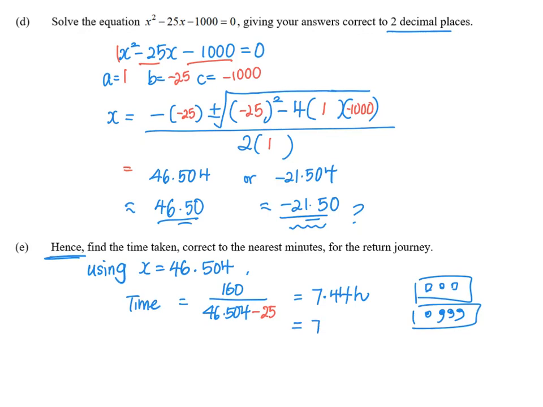So this will be 7 hours. And if you look at this portion, this is actually 0.44 hour. 1 hour has 60 minutes. So I will be able to convert it and get the answer 26 minutes. So this answer will be 7 hours 26 minutes.